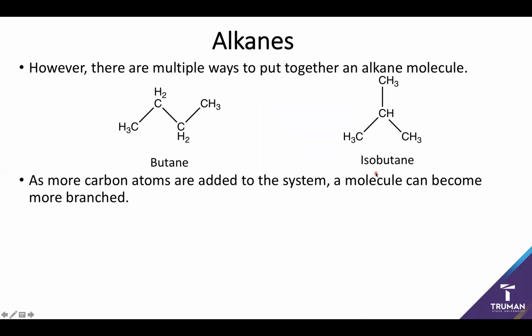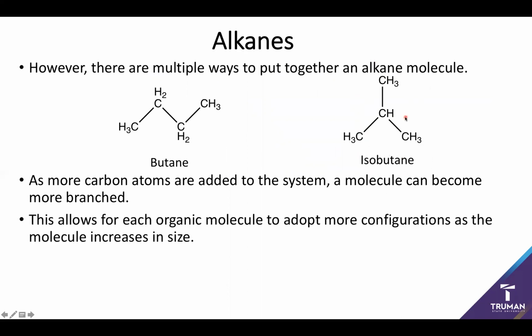But the key feature I want you to focus on right now is that the more carbon atoms I have, the more of these branching structures we can produce. And this means that my molecule can start having more and more configurations. If I throw an extra carbon atom onto isobutane, I could throw it on one of these ends, or I could throw it on the middle, and that will give me different structures.